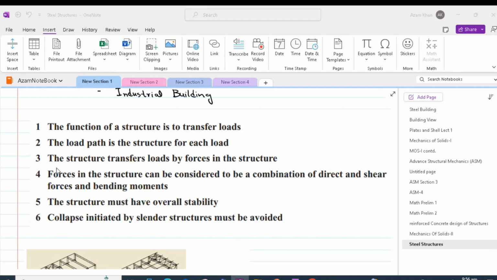The third point related to the structural behavior is that the structure transfers load by forces in the structure. The fourth point is that forces in the structure can be considered to be a combination of direct and shear forces and bending moments. The fifth point is that the structure must have overall stability. And finally, the collapse initiated by slender structure must be avoided.